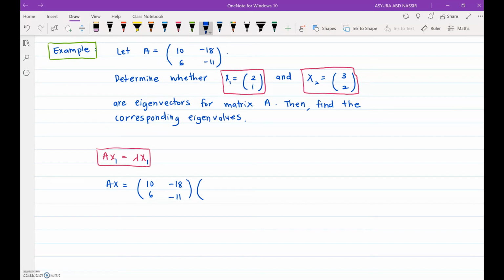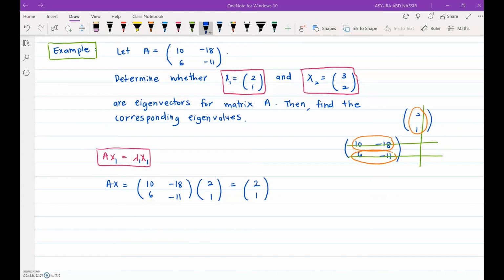Your x1 here is (2, 1). If you multiply, the answer is (2, 1). Remember, to multiply you use this cross multiply. Then your aim is to write it in the form of lambda x.